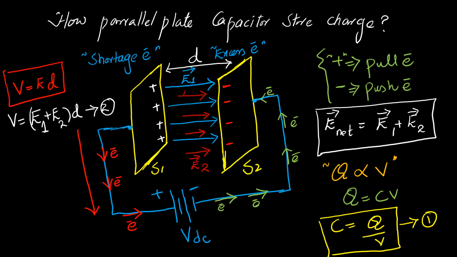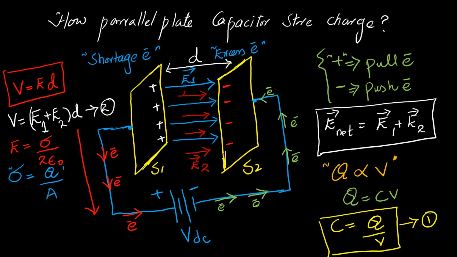Now you know that the electric field for an infinite sheet is E is equal to sigma divided by 2 epsilon naught, where sigma is the surface charge density, which is charge divided by area.